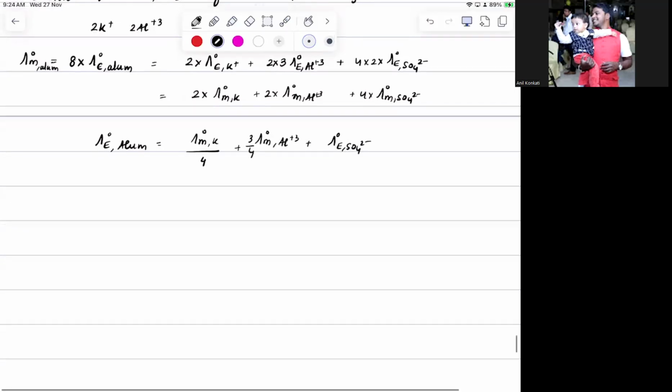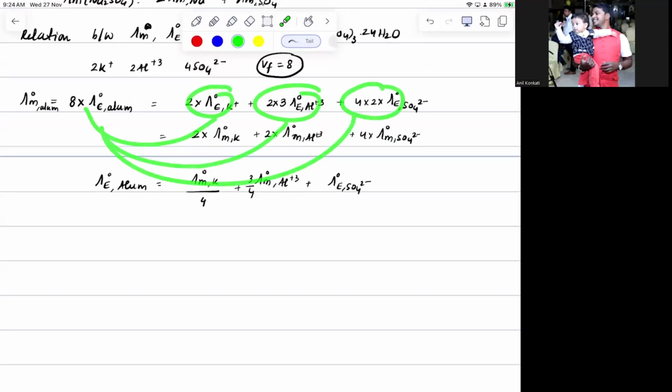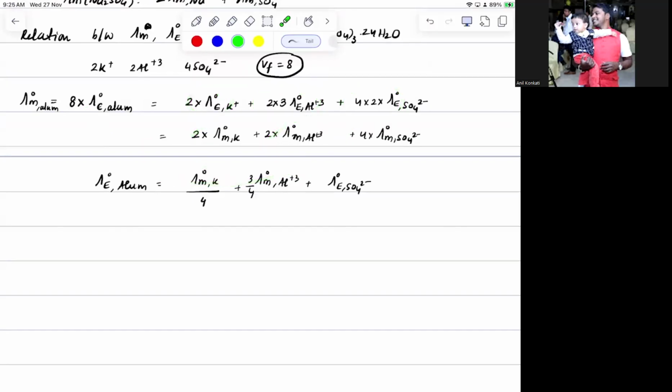So this is divided by 8, this divided by 8, and this divided by 8. When you do that, this is what you would get. Got it?